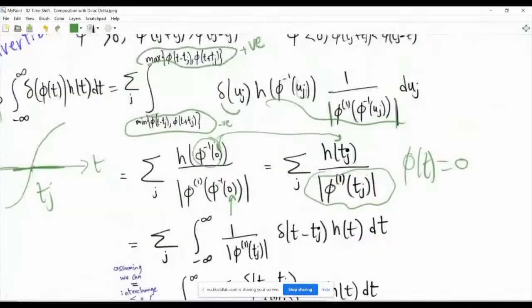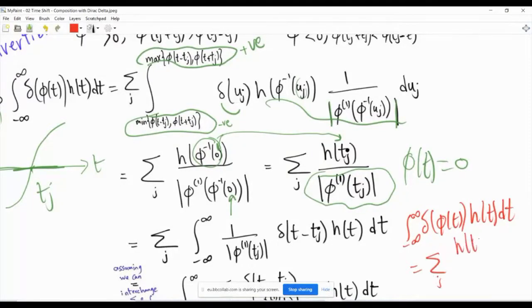Let me recap what we did. We took this integral of h of t dt, and we showed that it is like this, under some assumptions. Of course, we pushed things. We started with the integral and took for granted that the Dirac delta is, quote unquote, active whenever its argument is equal to 0.